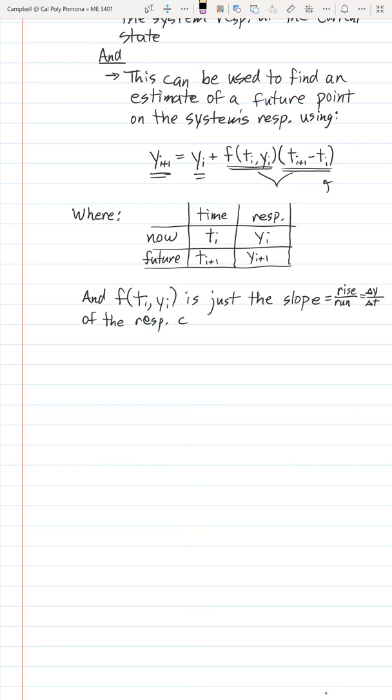So it's just the slope of the response. And here I'll continue to say curve to just emphasize that we're trying to figure out how that response is changing or propagating through time.